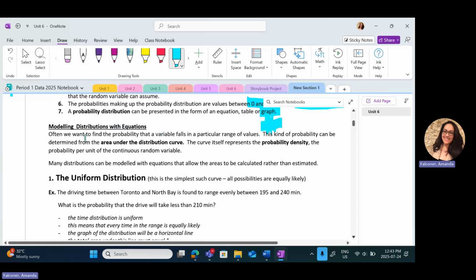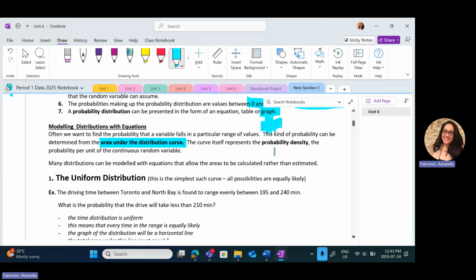Modeling distributions with equations. Often we want to find the probability that a variable falls within a particular range of values. This kind of probability can be determined from the area under the distribution curve. So probabilities are going to be taken from areas underneath the curves of these continuous data sets or scenarios.